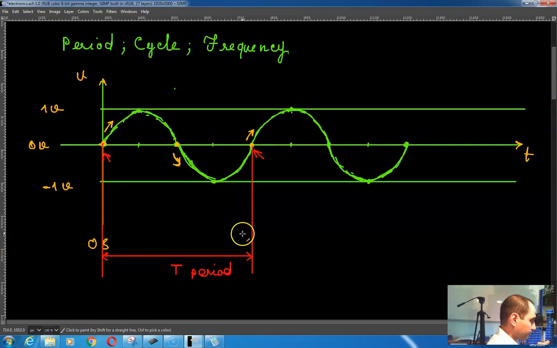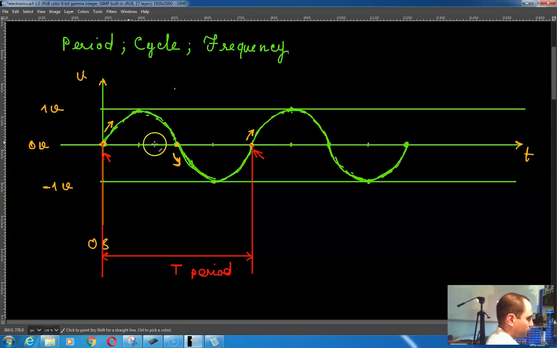Now, this is called one complete cycle of your AC wave. One complete cycle means that your AC wave starts from this output, which is 0, and goes back to a point where your output is again at the same value and increasing.